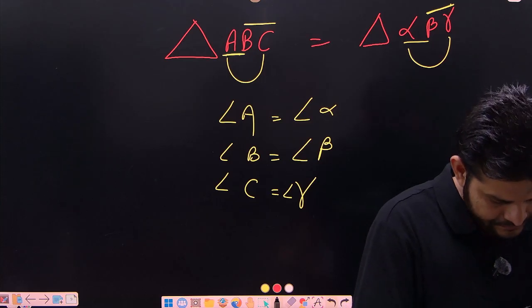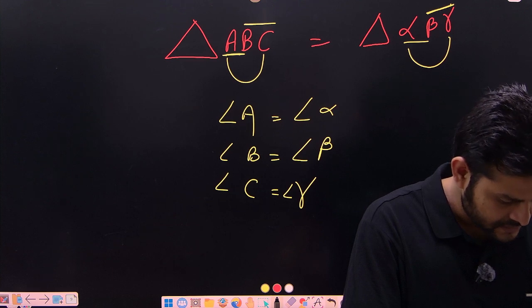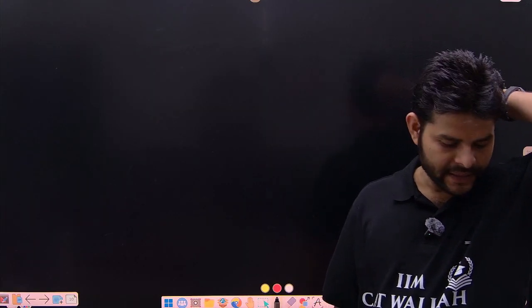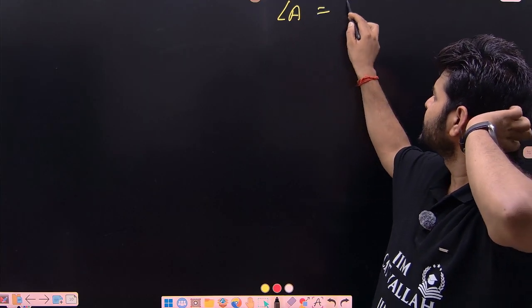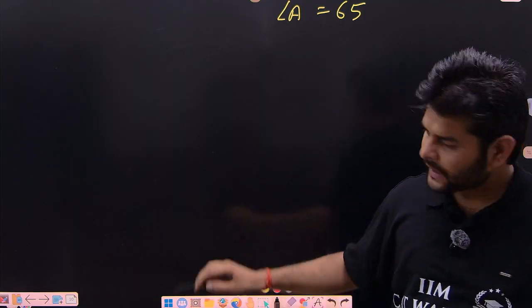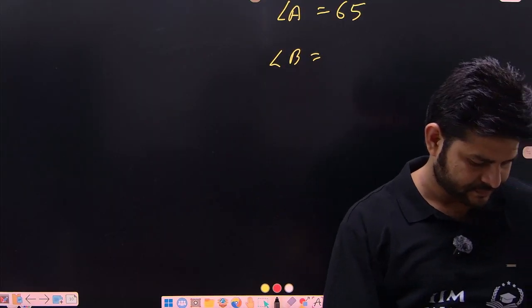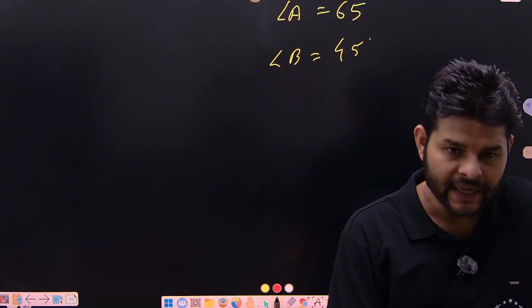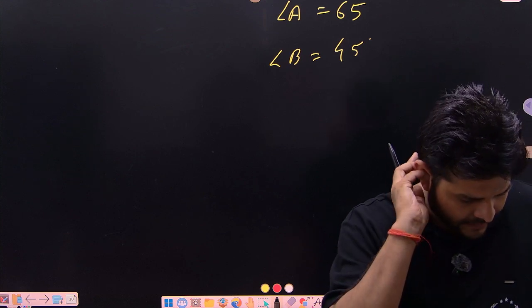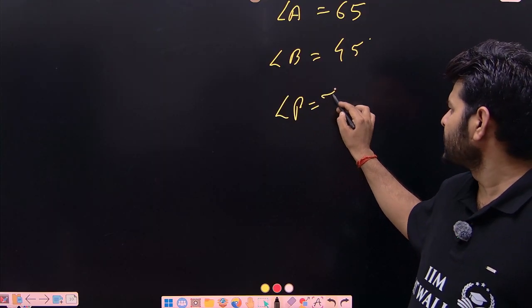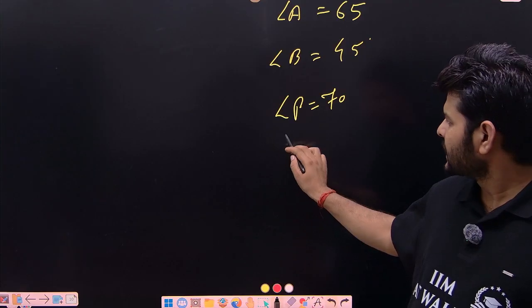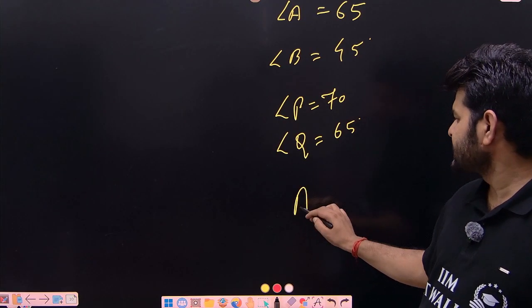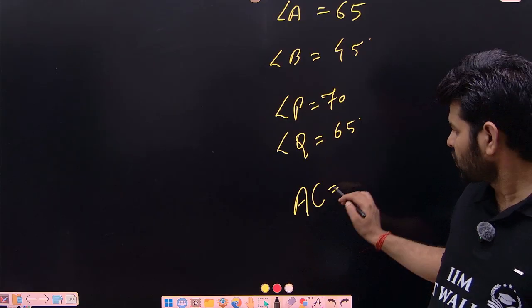In a triangle ABC, angle A is 65, angle B is 45, and in triangle PQR, angle P is equal to 70, angle Q is equal to 75, and AC is equal to PQ.